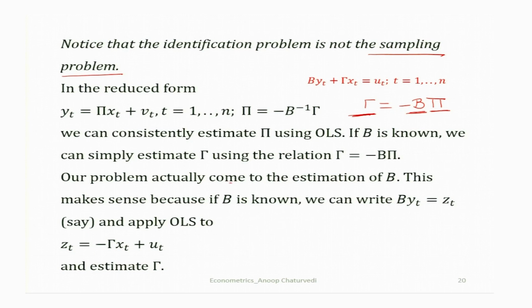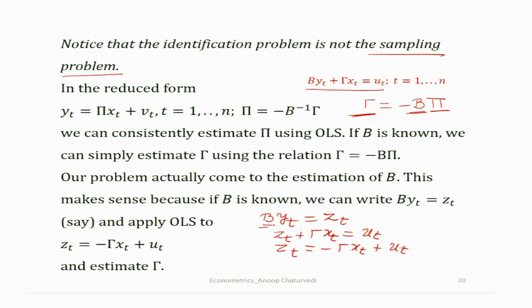Then actually our problem lies, or our problem actually comes to the estimation of b. And this makes sense also, because if b is known, then suppose in this model we write b y t equal to say z t, then you get z t plus gamma x t equal to u t, or z t equal to minus gamma x t plus u t.